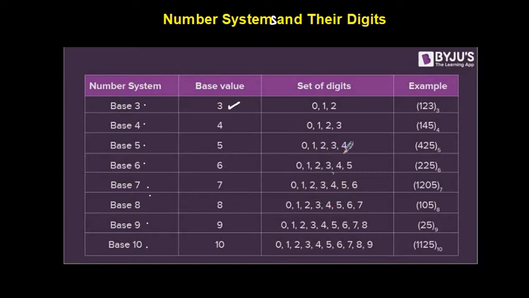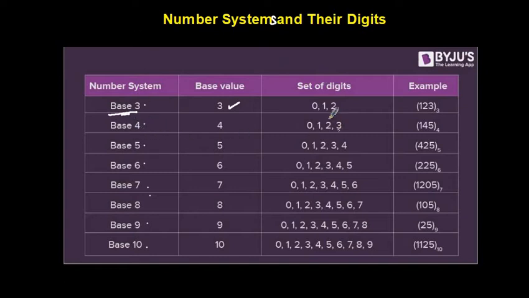Now there is something special about the digits in each number base. If you notice, for example base 3 right here, even though it's base 3, 3 is not included in the digits of base 3. So just because it's base 3, you do not include 3. The same can be said for the rest of the bases.